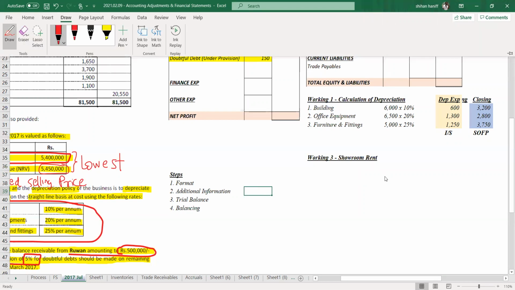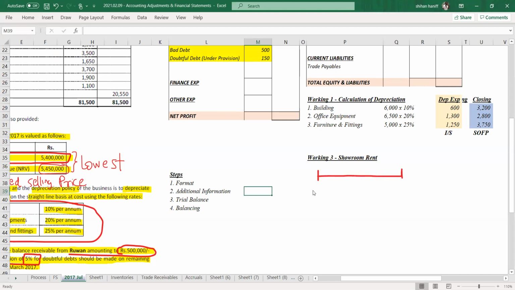Right. So this is the financial year from 1st of April 2016 to 31st March 2017, 12 months.